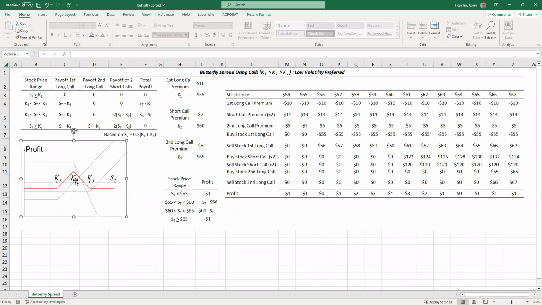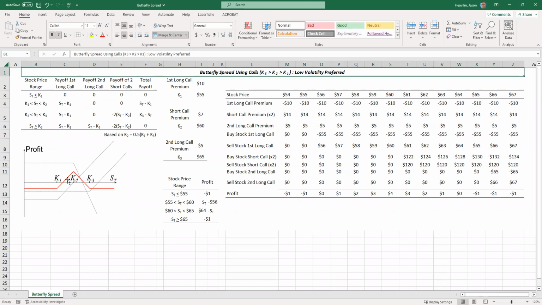If the volatility is too high, it's going to send you too much to the left, a negative profit, or too much to the right, negative profit again. That's the whole point of low volatility: you stay within a small range and you can still profit. Okay, so let's go over the details.